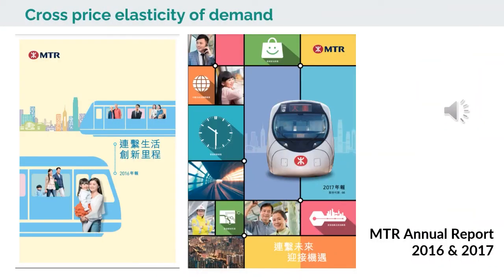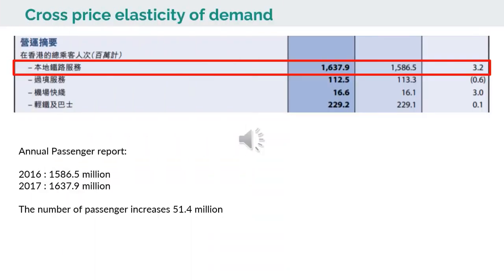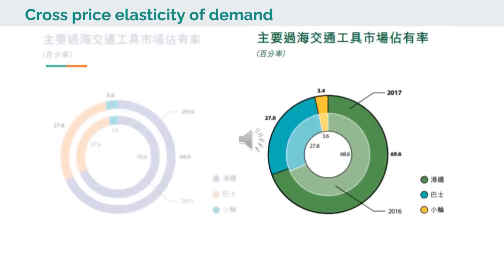So we are now introducing the concept of cross-price elasticity of demand after the price increase in Star Ferry fare. We first look at the MTR annual report from 2016 and 2017. From the report, we can see that the annual passengers in 2017, 1,637.9 million, were 51.4 million more than in 2016.